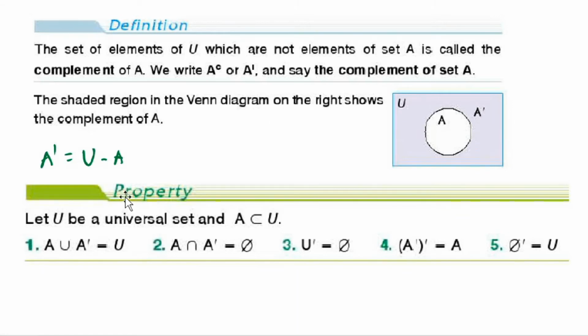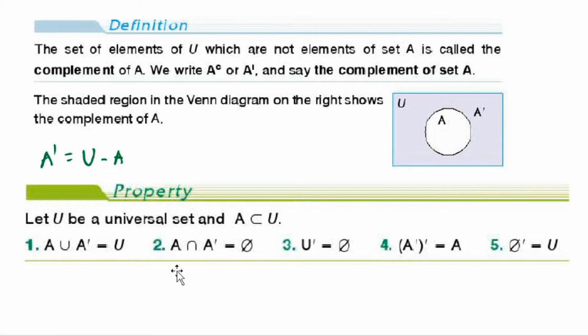Okay. So the properties: let U be a universal set and A is a subset of the universal set. Number one, A union the complement of A is equal to the universal set.